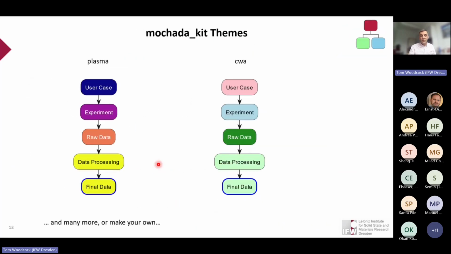So it is also worth having another theme, and we made the CWA current working agreement theme for the CHADA kit so that you can also produce these diagrams using the same colors as is already in this current working agreement if you want to do that. There are also many other color schemes, and you can also make your own very easily if you want to do that.